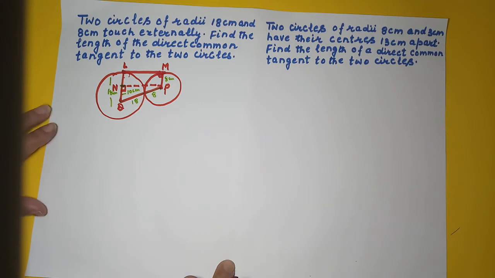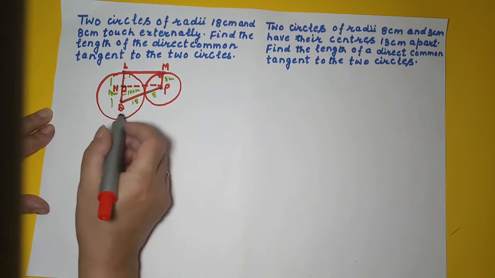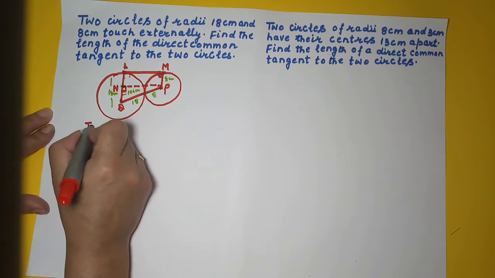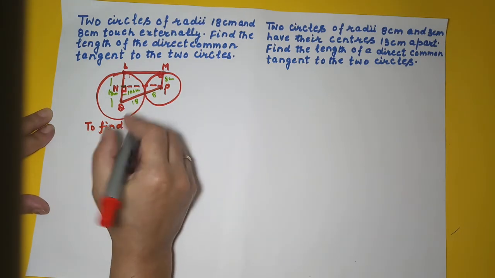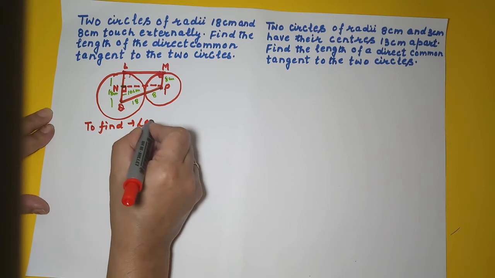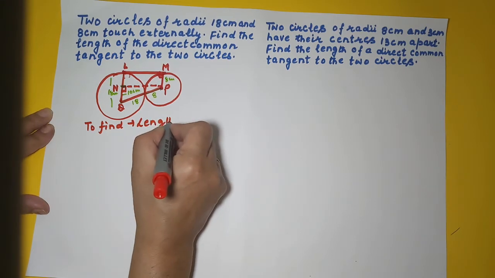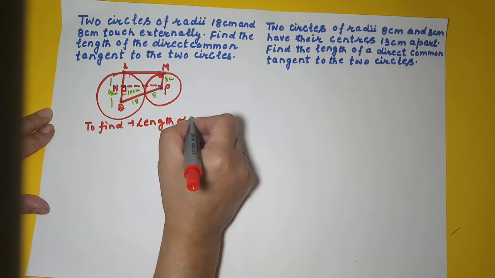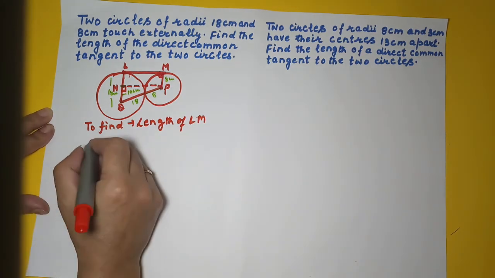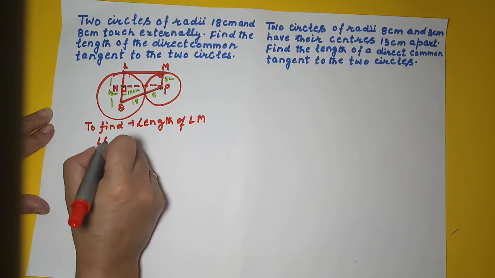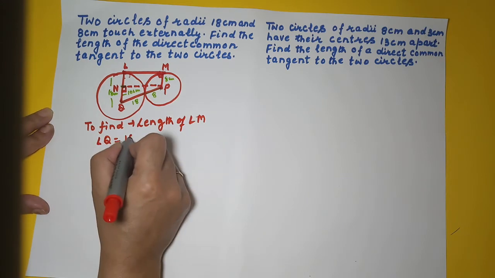So what will I do now? I will write, to find, what am I going to find? I am going to find the length of LM, right? So I will write LQ is equal to 18 centimeters.